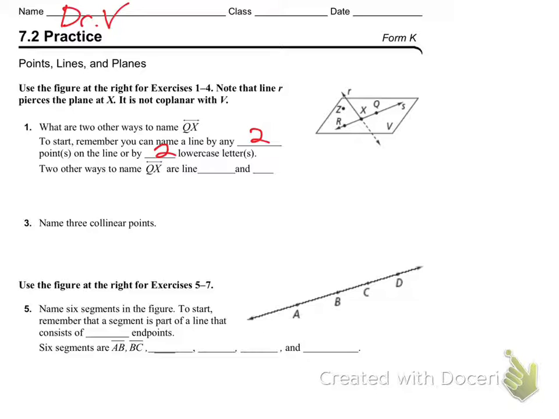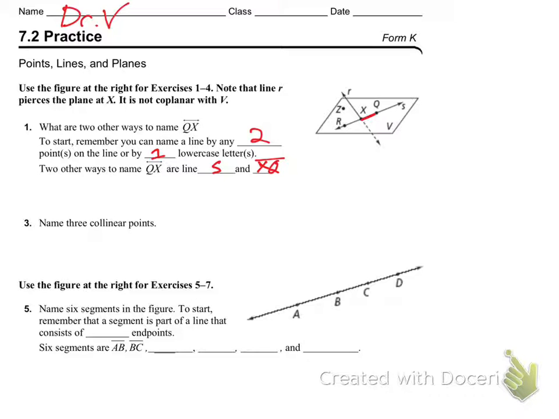Two other ways to name QX, so we have this line right here, would be by one lowercase letter, so line S, because that's the lowercase letter right there, and that encompasses this whole line. So you could just call it line S, or you could call it XQ.